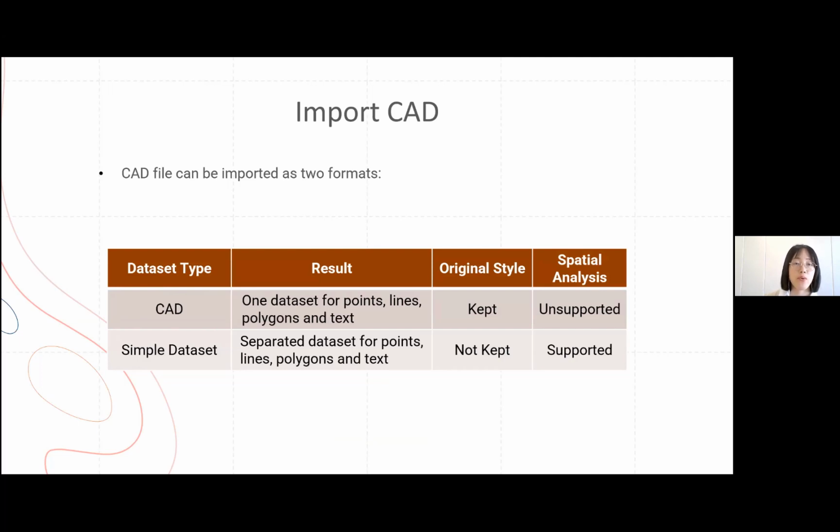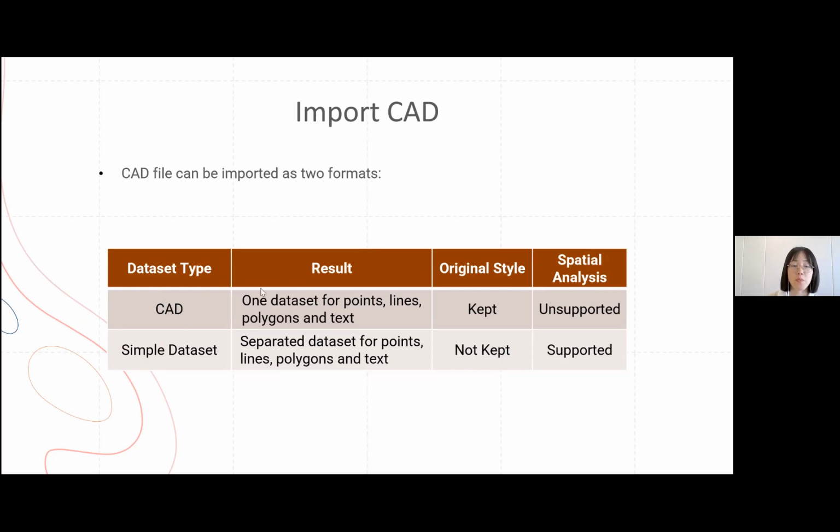So when importing CAD into SuperMap iDesktopX, we have provided you with two options. That is to say, you can import a CAD file into two formats. The first one is as the CAD file itself.